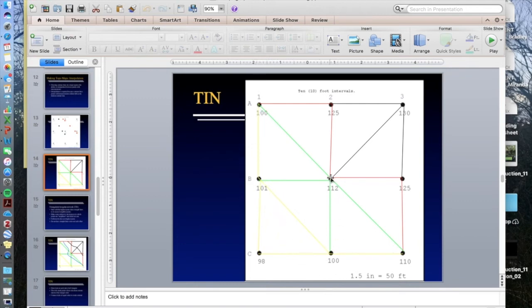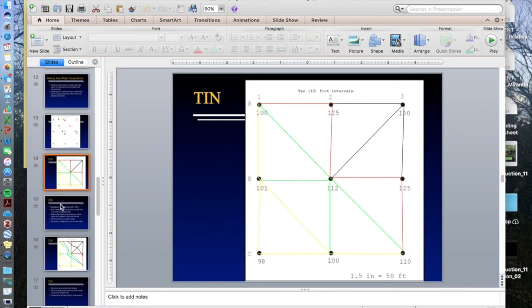Now 110, we can't just draw it, but somewhere in between here we'd have 110, because between 100 and 112 it'd go through somewhere here, probably closer to the 112 than the 100. Here's 112 to 101. Where would that line intersect here to be 110?